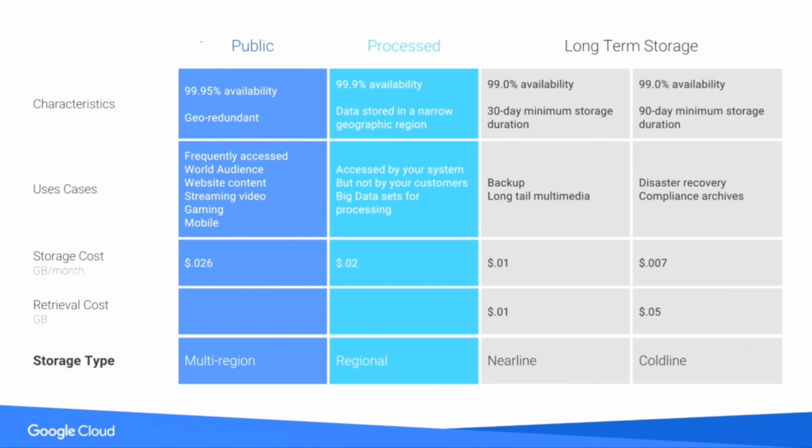Or maybe you've already done some batch processing based on big data or other data analytical tools, and you just want to store that because you have more frequent requests and access to it. You're just going to store that on a regional basis. But then the other two, Nearline and Coldline, depend on the frequency of your access. Let's say you have some archival requirements, maybe once a year or once a month you want to access those files.